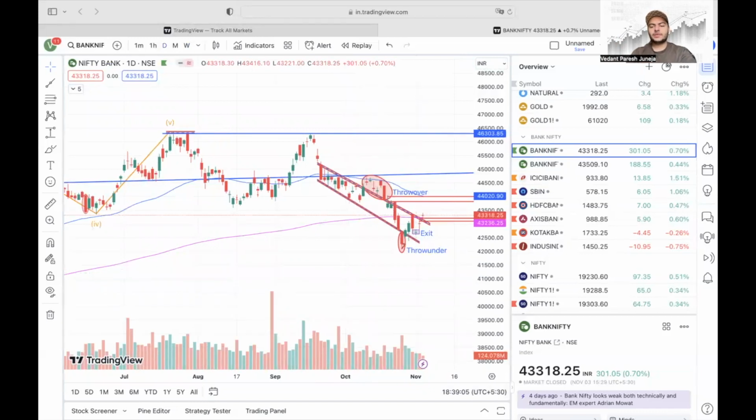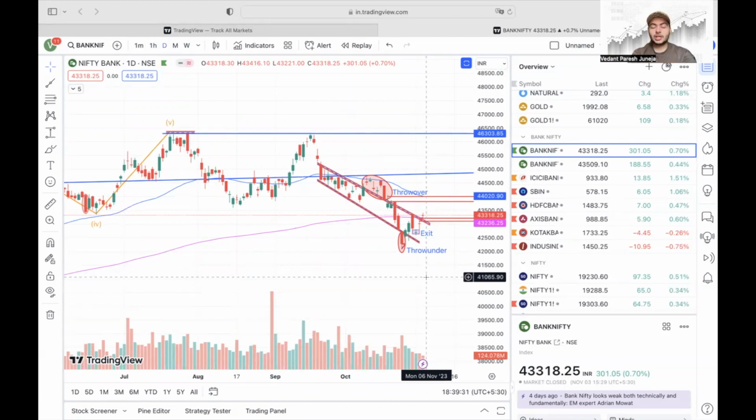But I tend to look at stock specific action. For example, our view is bullish for the week ahead, bullish to sideways, not bearish for sure. So we'll be playing stock specific, betting on the outperformers, not on the underperformers.